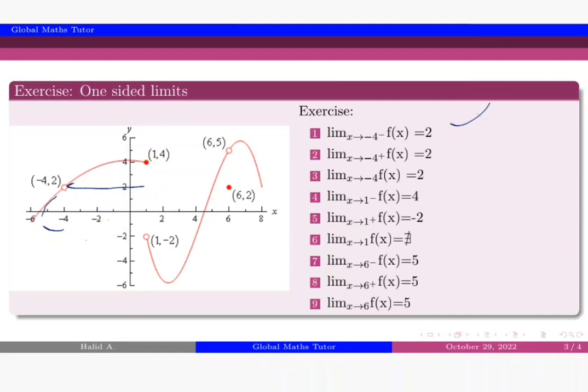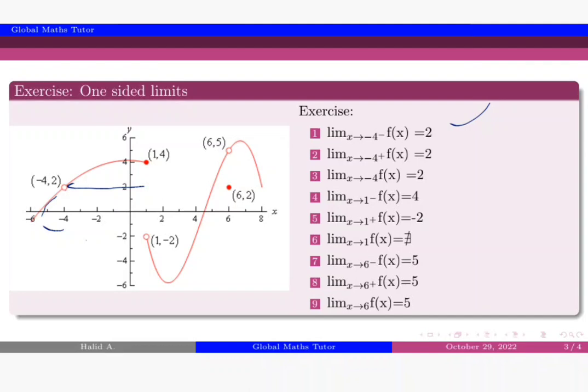From the positive side, as we approach -4 from this side, f of x approaches this value again, so the limit value will be 2. Therefore, the limit of f of x as x approaches -4 is 2, because it has the same value when we approach from the left and right-hand sides.